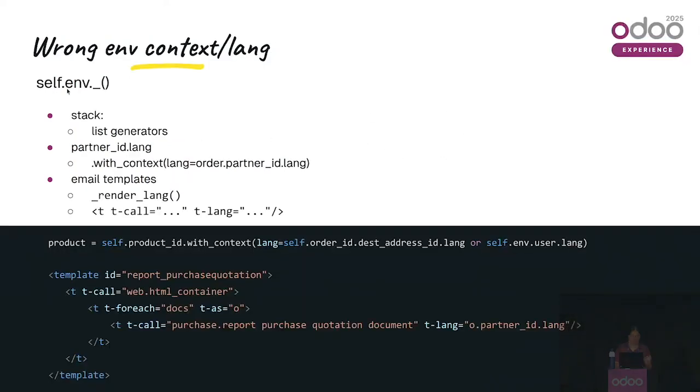And so the self.environment._ again, the reason why we have that now is because it makes sure that you have the correct language environment, and this came up a lot when people would use the get text within a list generator. Because the problem is that when you do a list generator, it creates a separate stack, and that stack might not necessarily have the same language in its environment.